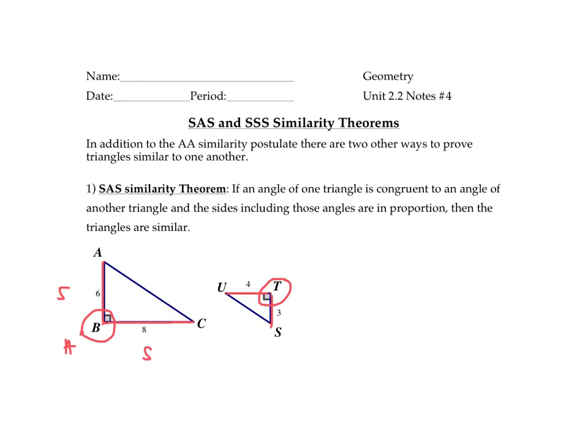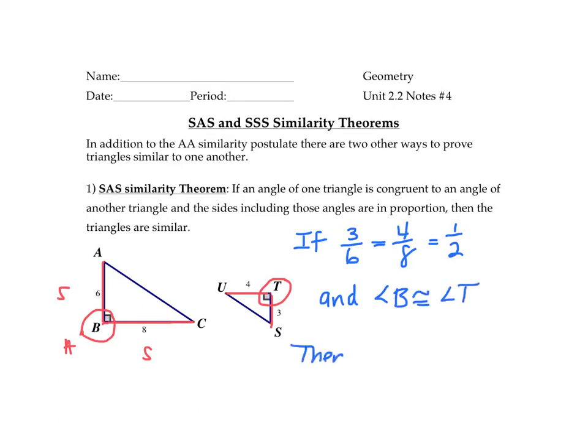So what we need to say is if we compare the sides, so if 3/6, comparing the shorter two segments to one another, is equal to 4/8, and it does, because we get 1/2, and angle B is congruent to angle T, then triangle ABC is similar to triangle STU by the side-angle-side similarity theorem.